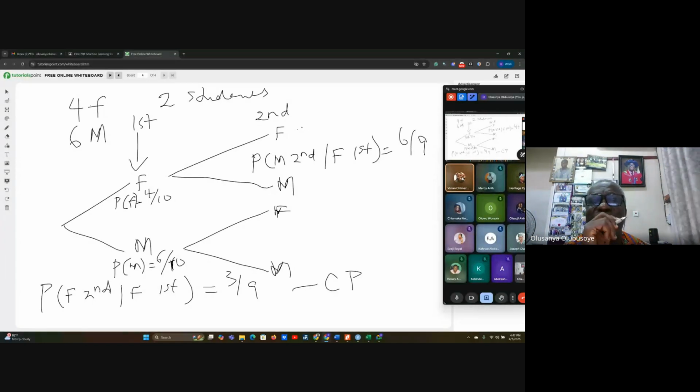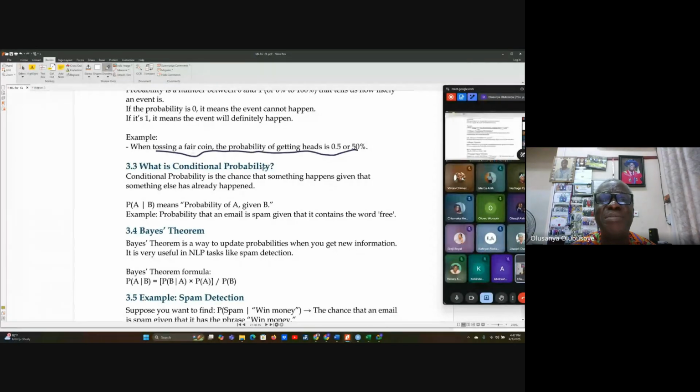Okay, good. I'm happy. So you can complete the rest. I just want you to have an idea of what conditional probability is all about. So when we talk about conditional probability, it is the chance that something happens given that something else has already happened. So how do we write it? This is the way we write it.